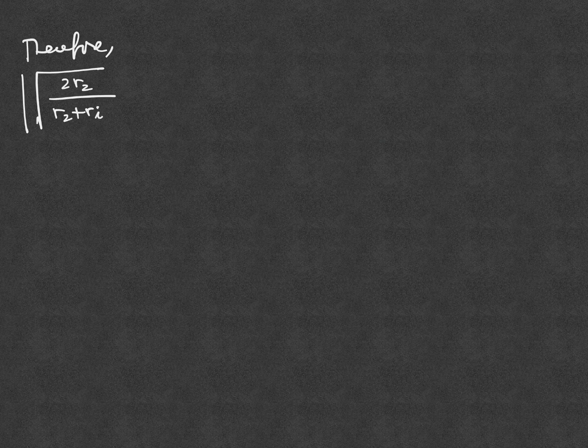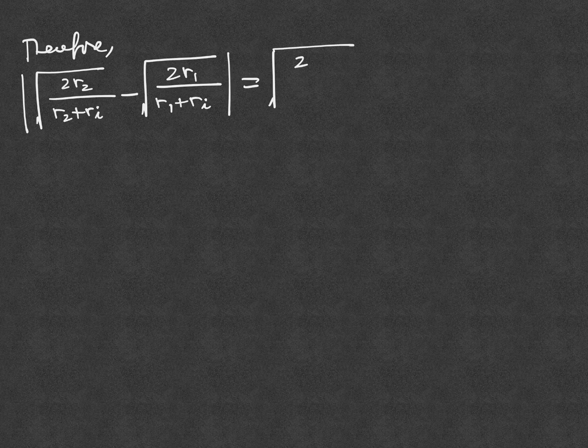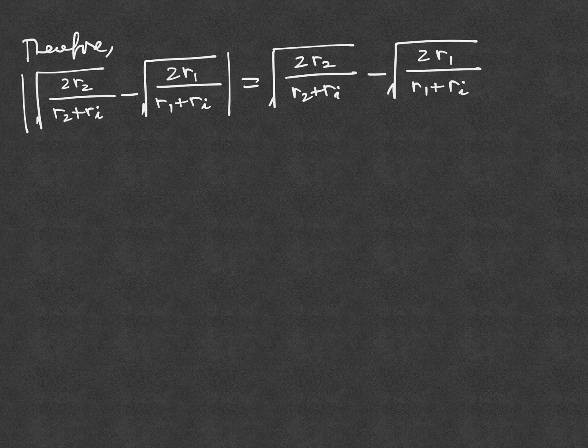So therefore, the absolute value of the square root of 2R2 over R2 plus Ri minus the square root of 2R1 all divided by R1 plus Ri is simply equal to the difference in the square roots without the absolute value. So I have the square root of 2R2 all divided by R2 plus Ri minus the square root of 2R1 all divided by R1 plus Ri.